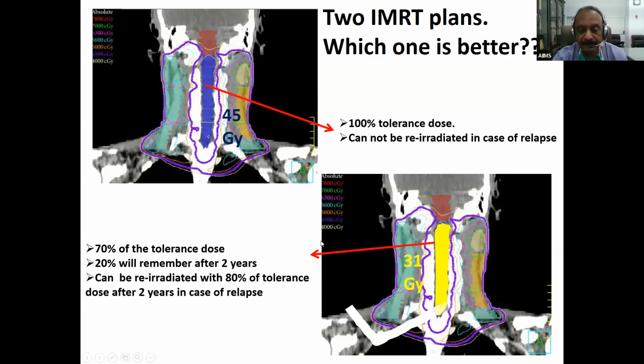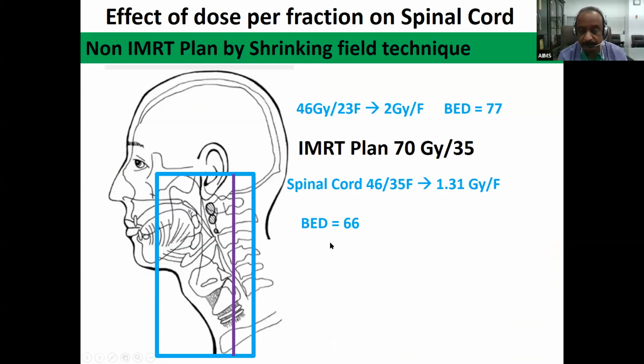And you can see that even if, during first irradiation, you are not able to reduce the constraint from 45 gray, still you are doing a favor. Why? Because if you are treating with IMRT during first irradiation and generating a single plan, then the biological effective dose is still much less than the biological tolerance.